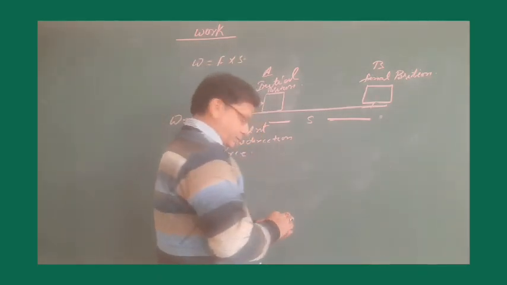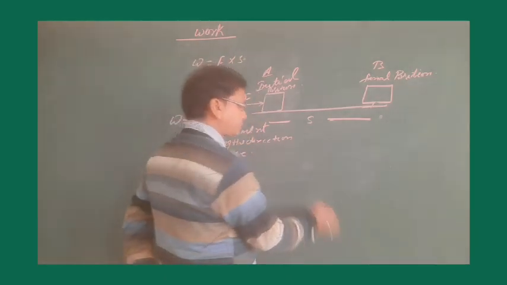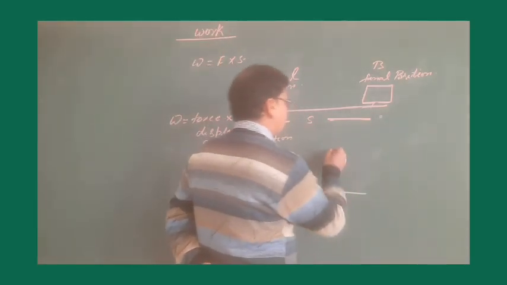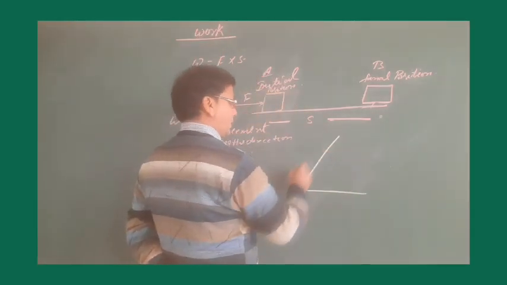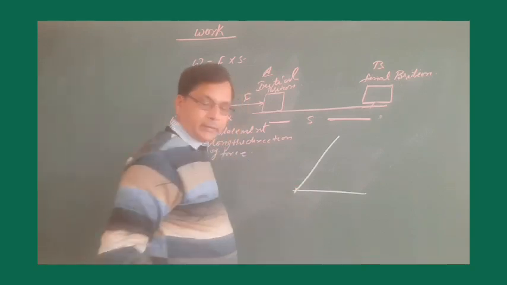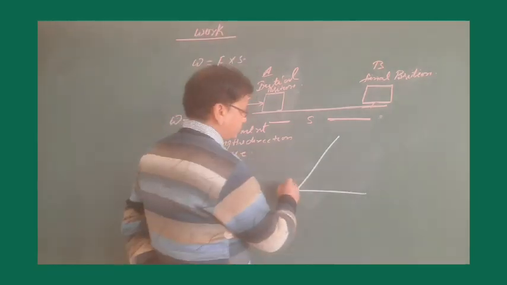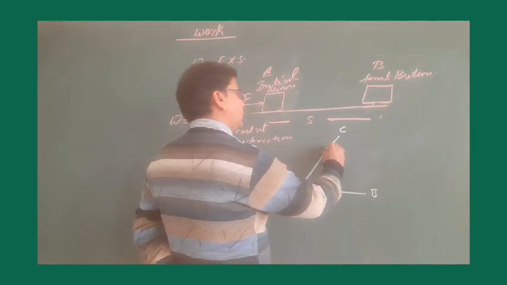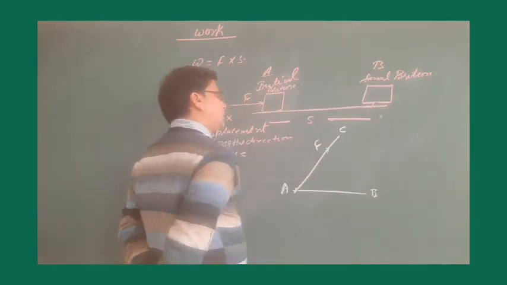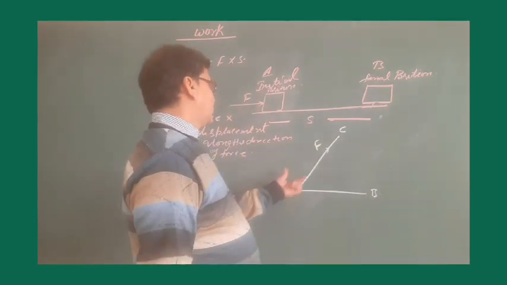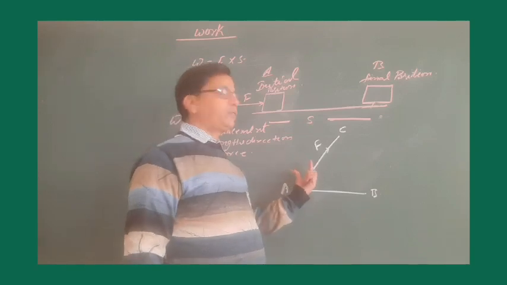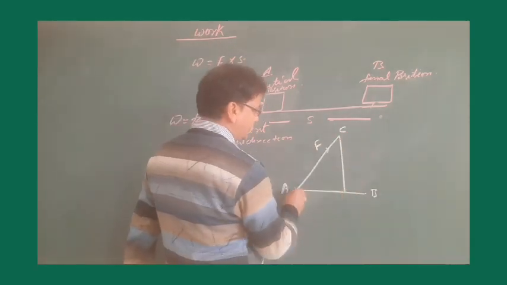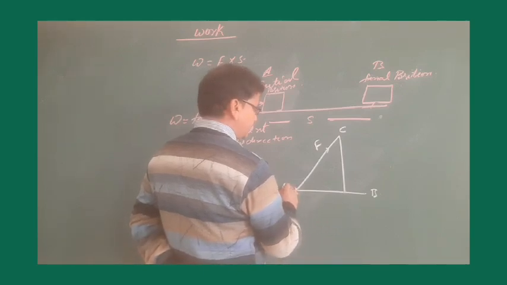Now suppose the object does not move along the direction of the force. Consider points A, C and B. The force acts along the direction of side AC, and the displacement is along the direction of AB.